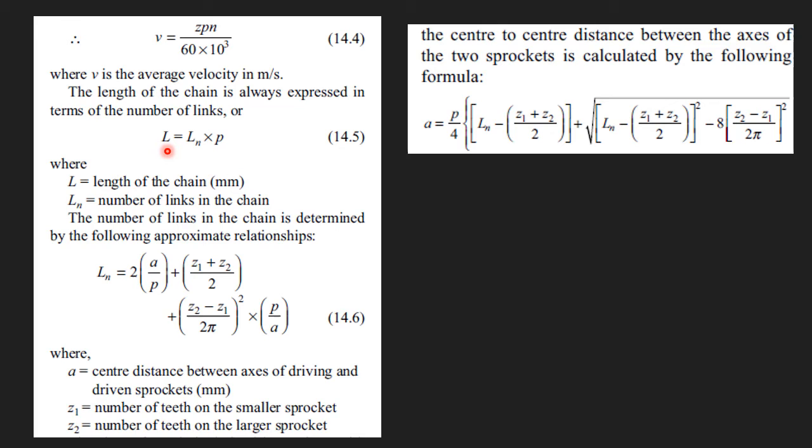The number of links in a chain can be determined using this particular formula, which contains the center distance as well as the teeth and the pitch value. That will give you the number of links, Ln value. And to calculate the center distance between the driving and driven sprocket, we will use the following equation. How to solve this, we'll see in our numerical solution.